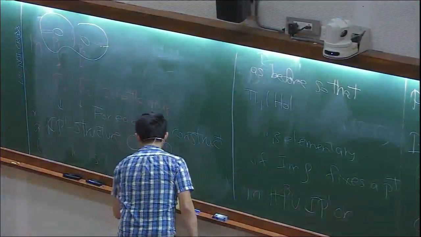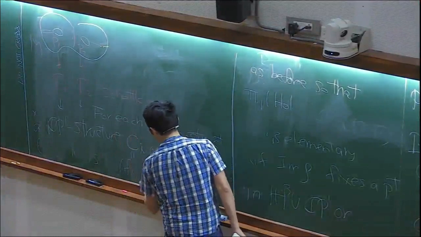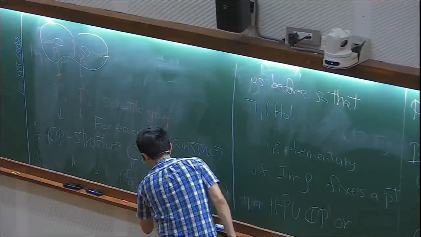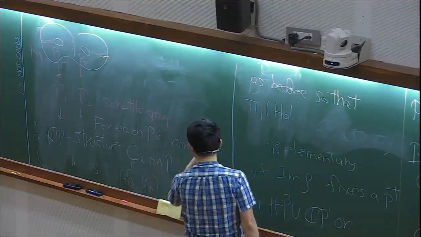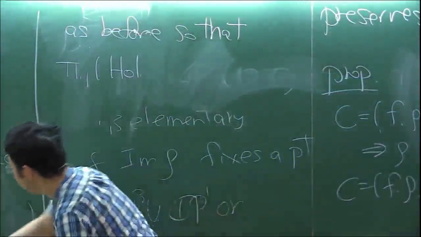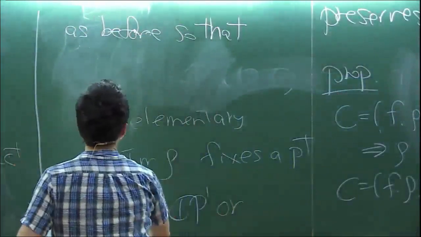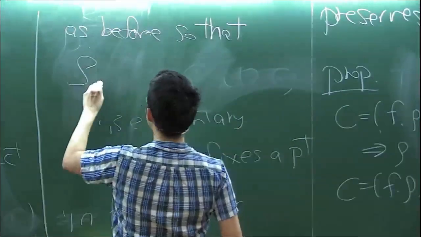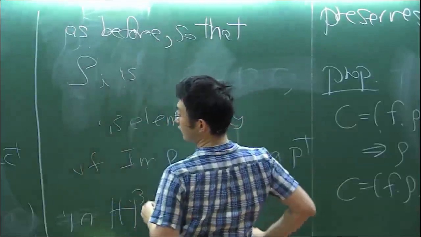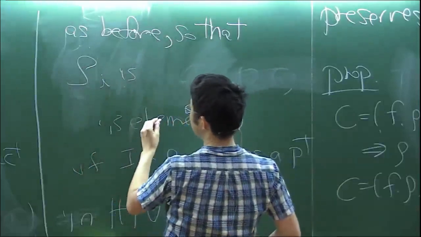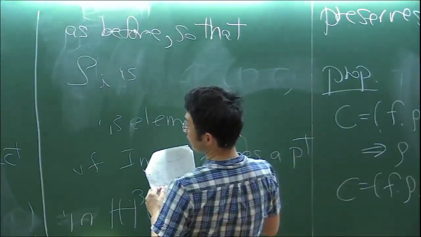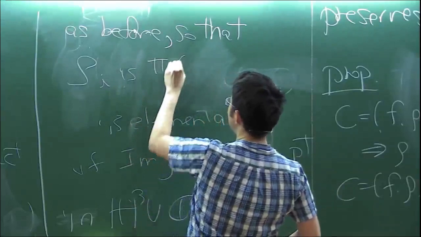Let me set the developing map of Ci to be Fi, and the holonomy representation rho i for this CP1 structure on the pair of pants.